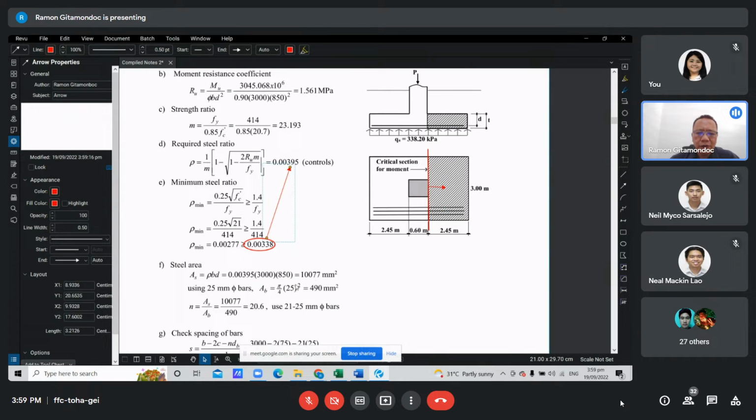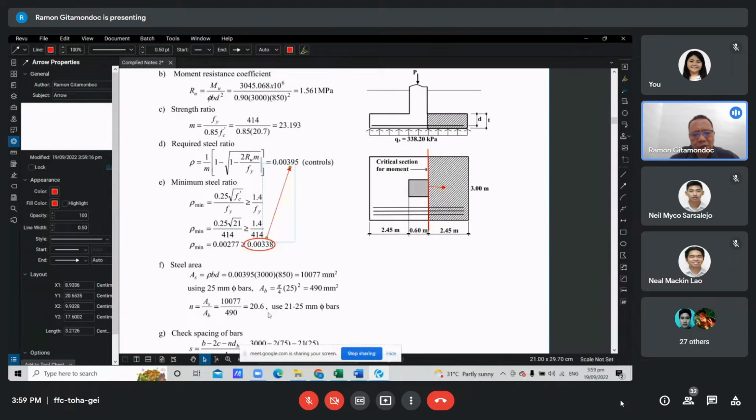After we get that, we choose the bar diameter. Just try any bar diameter: 16, 20, 25 mm. The area of the bar will be pi over 4 times the square of the bar diameter, and we compute the number of bars by dividing the area required by the area of one bar.